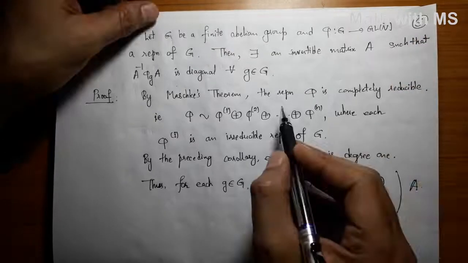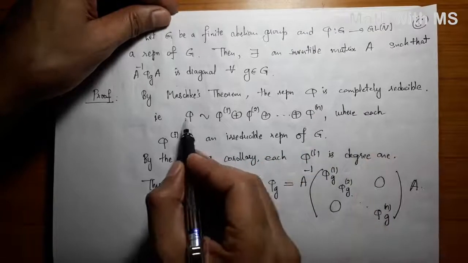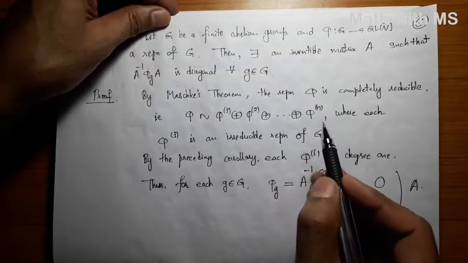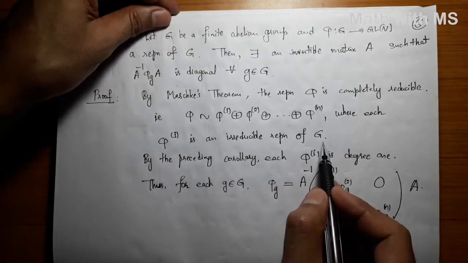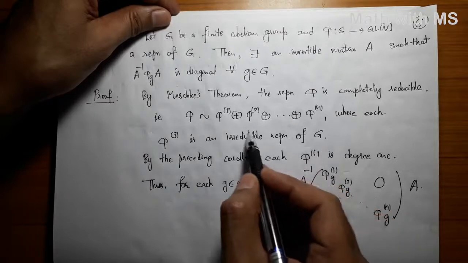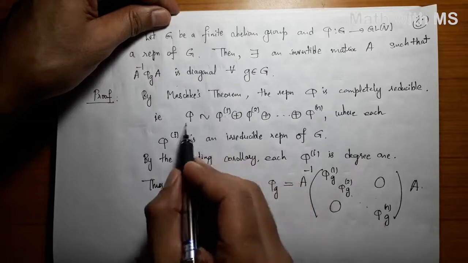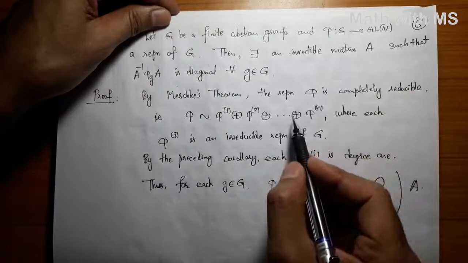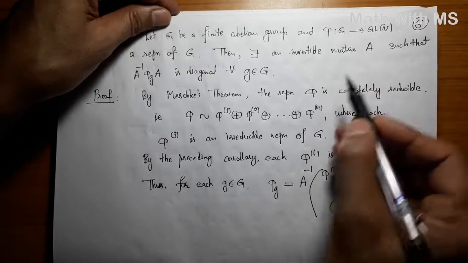So since the representation is completely reducible, just by definition, phi is equivalent to a direct sum of finitely many irreducible representations. That means there is an invertible linear transformation of the vector space to itself such that this representation is equivalent to this via the transformation A. So the corresponding matrix we denoted by A only.